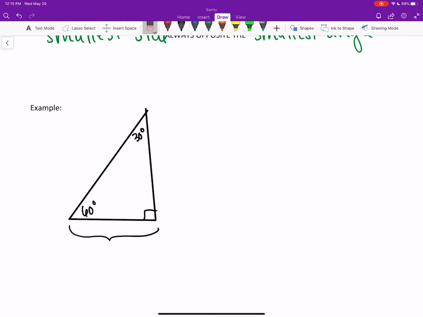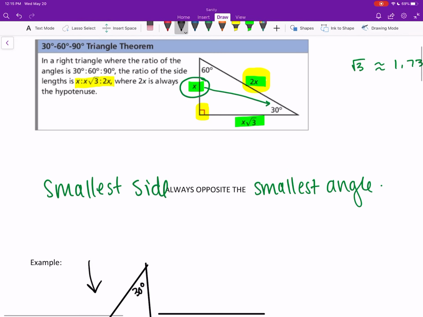So what if I said that the shortest side was a length of like 6 feet? Can you find all the other sides? For the hypotenuse, we said that if you have the shortest side as a length of x, the hypotenuse is just double that, 2 times x.